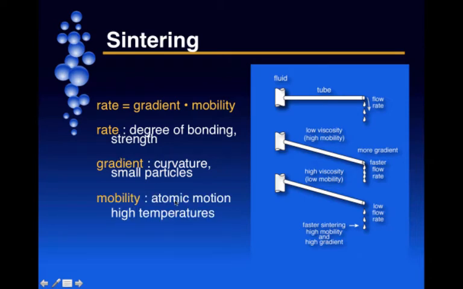Mobility is determined by atomic motion, ability to diffuse, and higher temperatures and smaller atom sizes help in improving the mobility. Diffusion through liquids occurs at a faster rate than diffusion across a solid, so that also contributes towards the overall mobility.